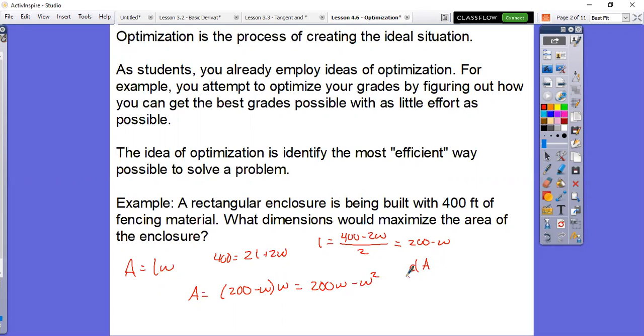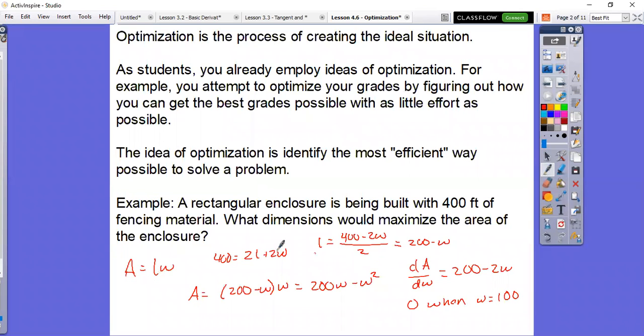Now if I find the derivative of the area with respect to the width, this would be 200 minus 2W, and I notice this is equal to 0 when the width is equal to 100.